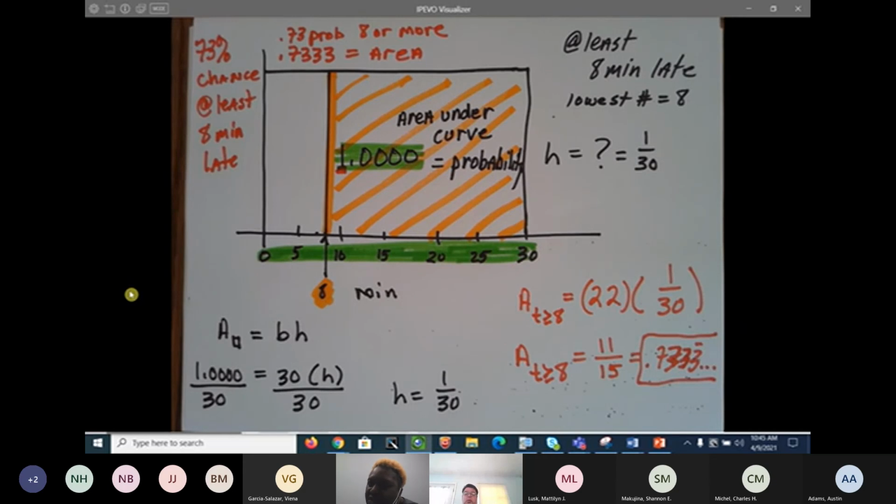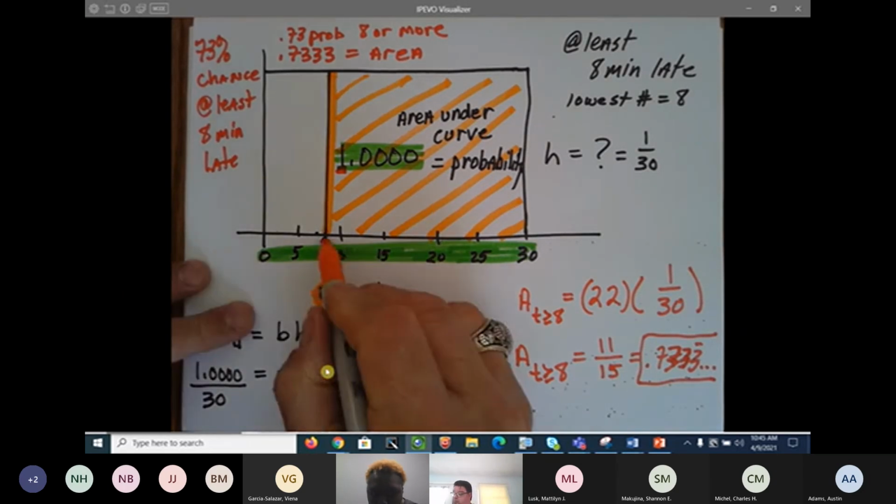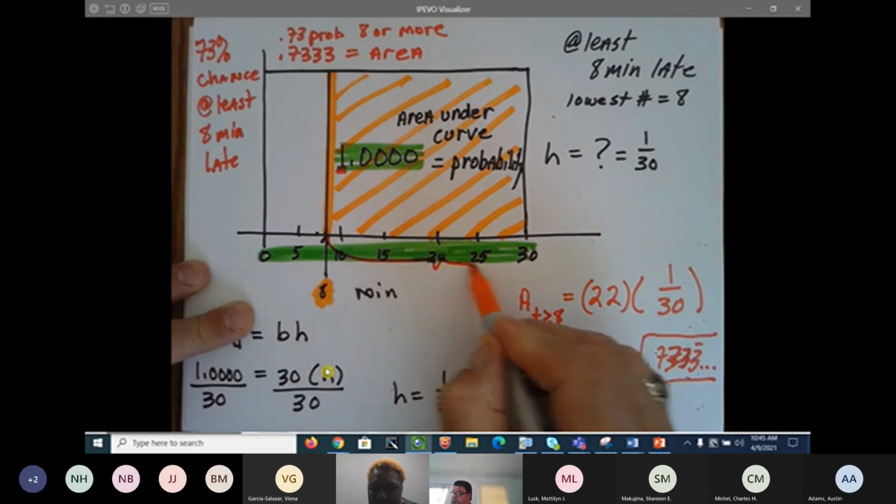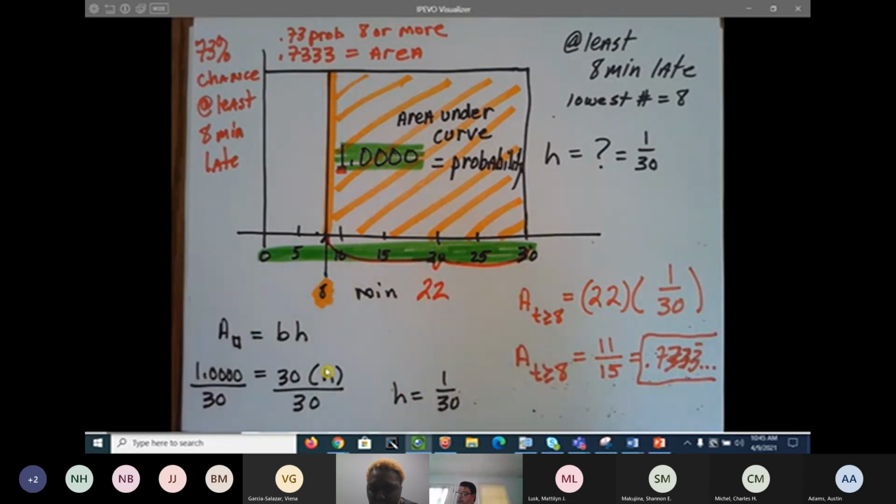And where did you get 22 from? The base, right here, which is 30 minus 8. Oh, okay. So to get the base, you do 30 minus 8.